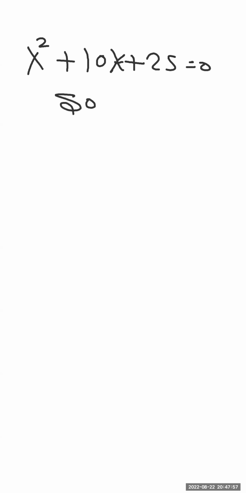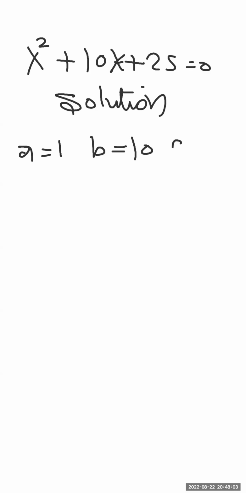x squared plus 10x plus 25 equals 0. Okay, solution. A equals 1, B equals 10, C equals 25. Discriminant equals B squared minus 4AC.